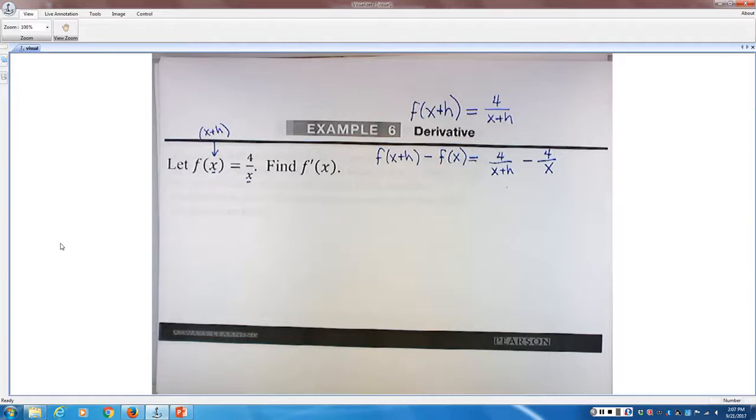Okay, I mean, I'm not looking at the notes, so I don't see what you're looking at. But this is the original function, this is your first step, this is your second step, minus the original function, which is 4 over x. Okay? What did you subtract when you left with h? Hmm? What did you just subtract for it when you left with h? Nope.